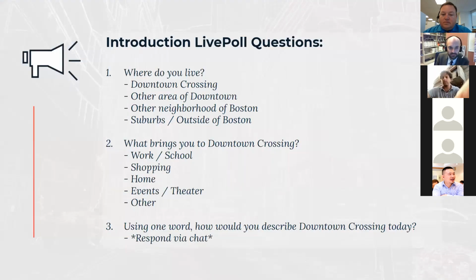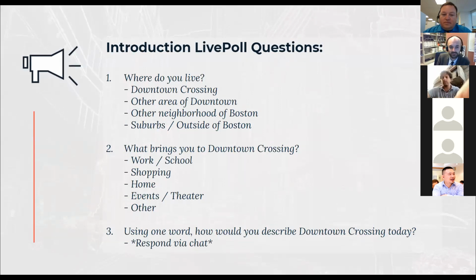So before we really get underway, we're going to launch our first live poll just to get a sense of who's here and what brings you to the district. So we have 2 multiple choice questions, so if you'll take a moment to respond to those. And then the third question is open-ended. You can put in the chat if you like, just one word, how you would describe Downtown Crossing today.